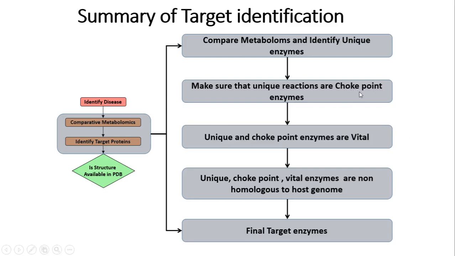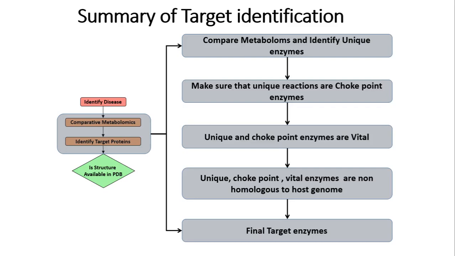Out of these 70 choke point enzymes, there are only 30 reactions that are very vital. Out of these 30, there are only 5 enzymes that are not homologous to human, and in this way you would end up with only 5 enzymes that can act as a final drug target as such.